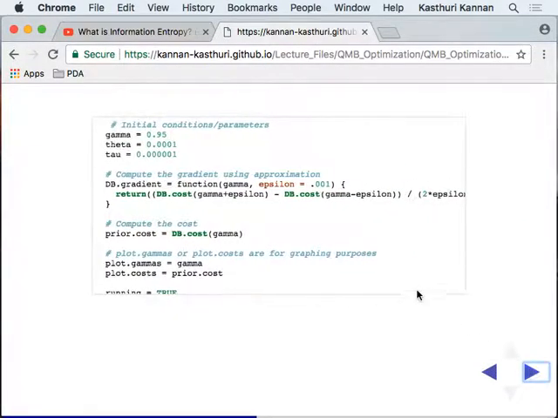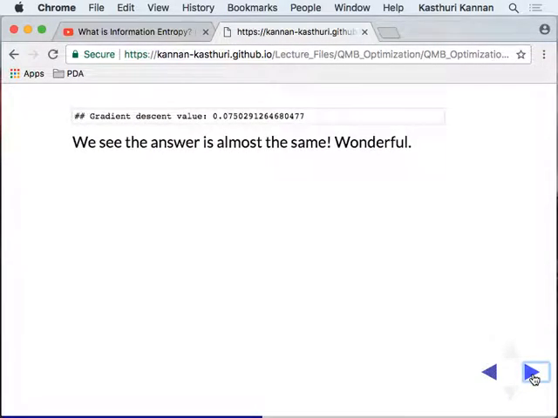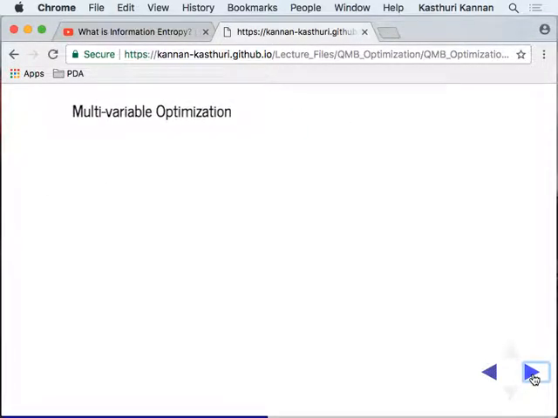So for this, we have this code here. Instead of the analytic form of the gradient, I can compute the gradient using this approximation and then try to find the same. So beautiful, it also gives the same value, right? It's an approximation technique.